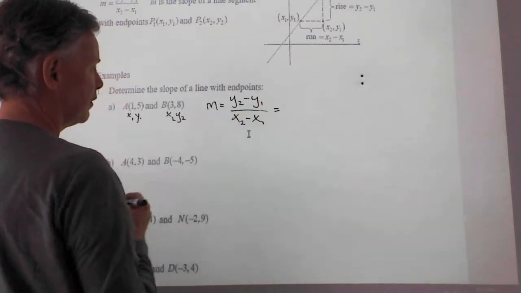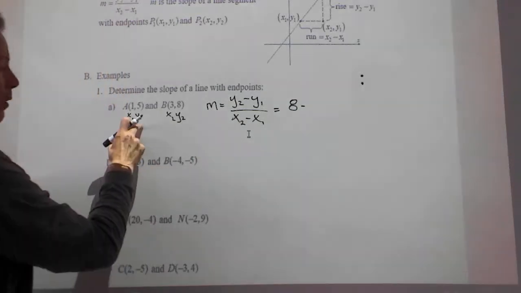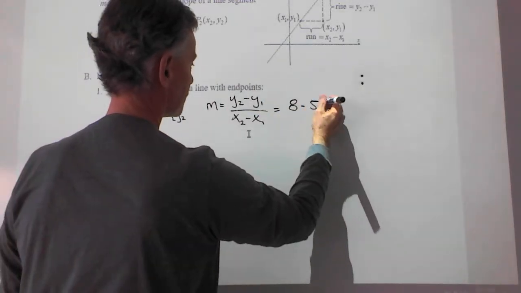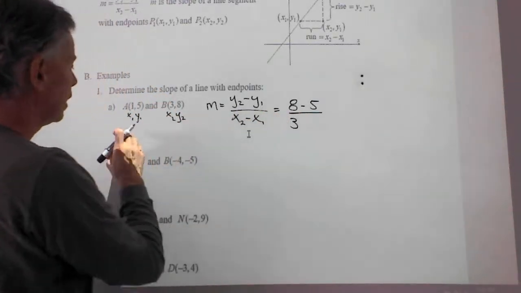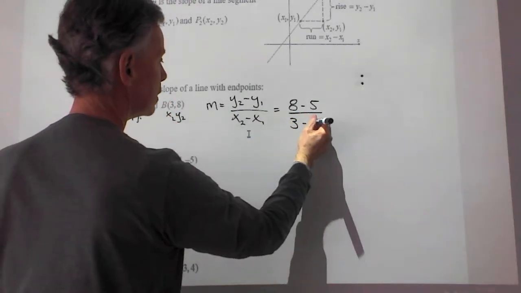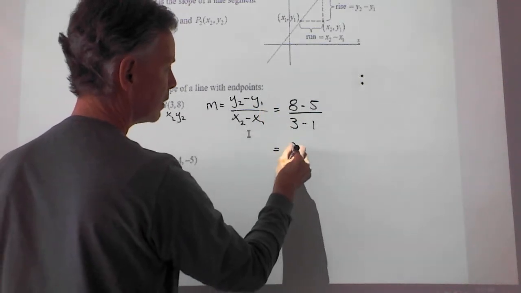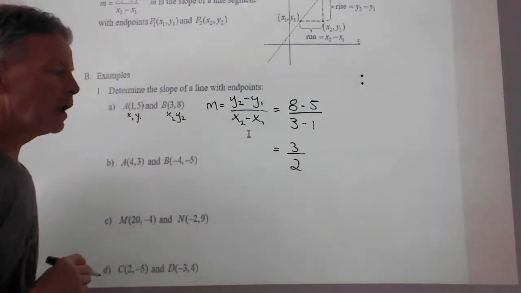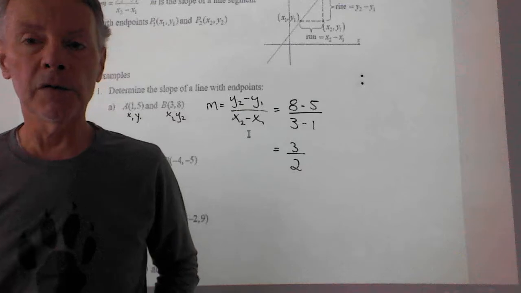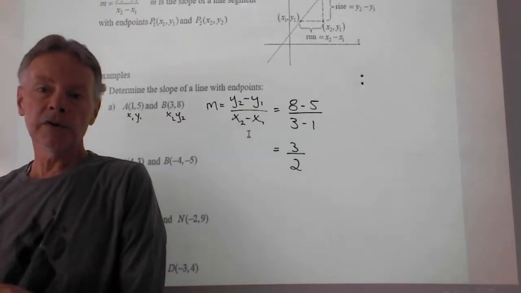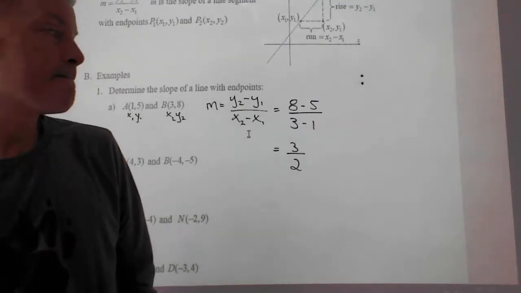Plug in the values that you've been given. y2 is 8, y1 is 5. x2 is 3, x1 is 1. Simplify. 8 minus 5 is 3, 3 minus 1 is 2. So your slope for this particular one is 3 over 2. And again, unless it reduces to a whole number, just leave it as a fraction, it's fine. Okay?